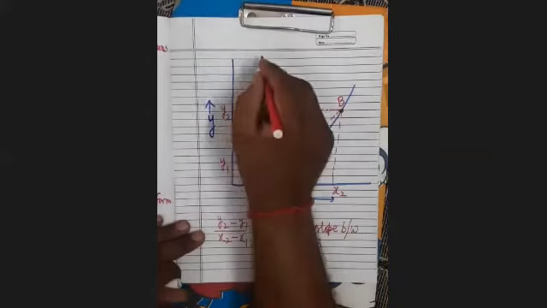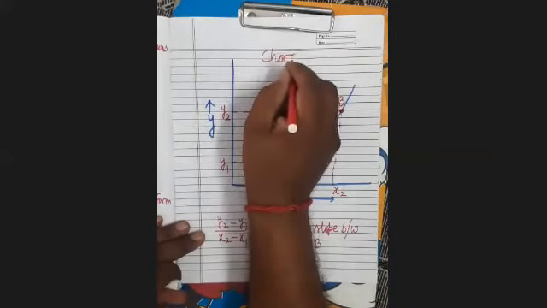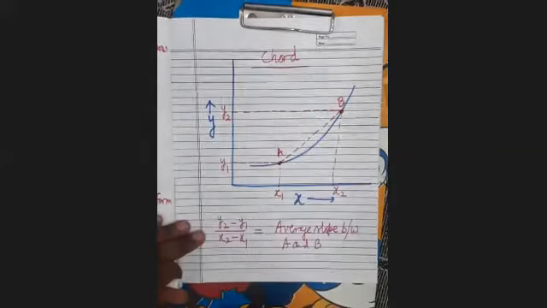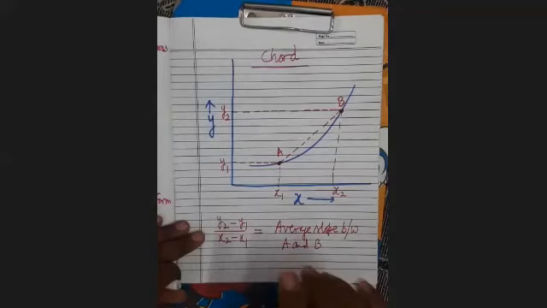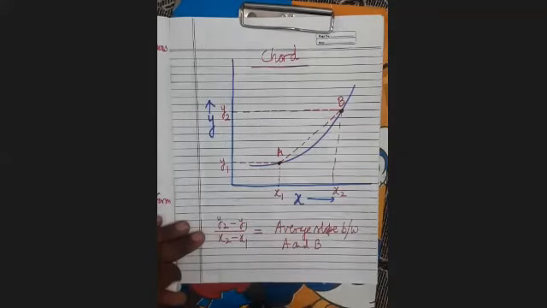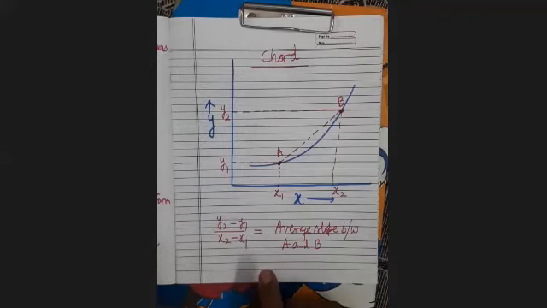What is a chord? Till now you have studied chord only in a circle. Now in a curve, chord means a straight line joining any 2 points of the curve.